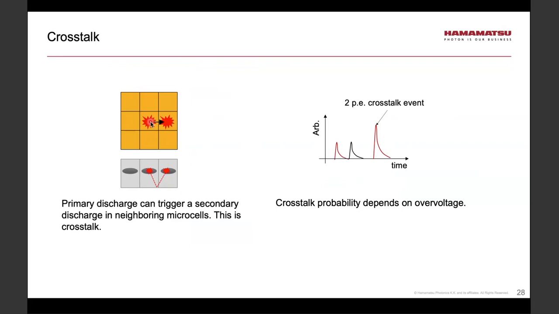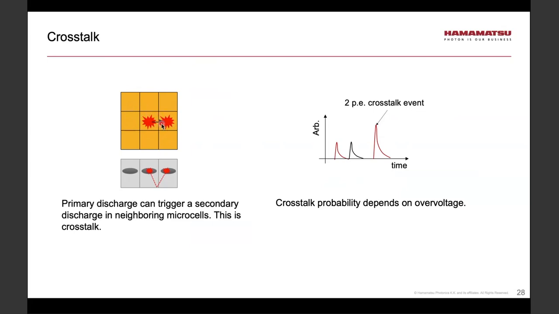However, this avalanche produces photons, and some of these photons have enough energy to initiate discharges in neighboring microcells. So one event can now cause other events at almost the same time.